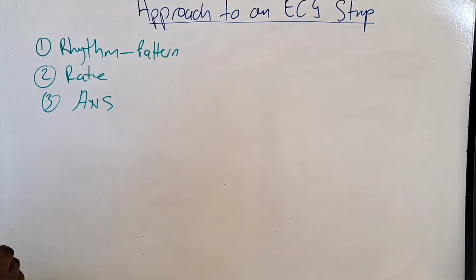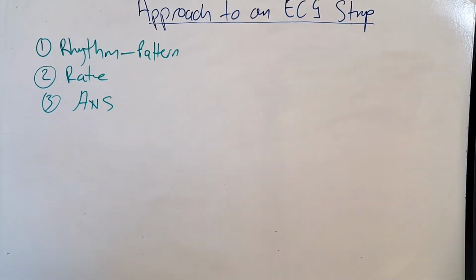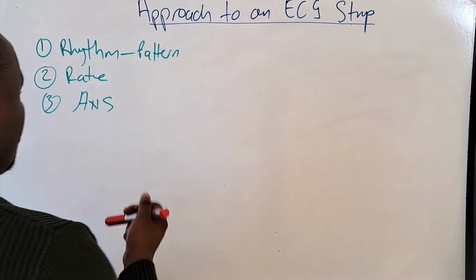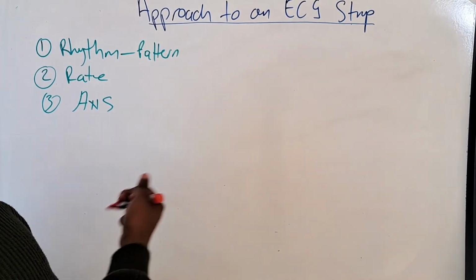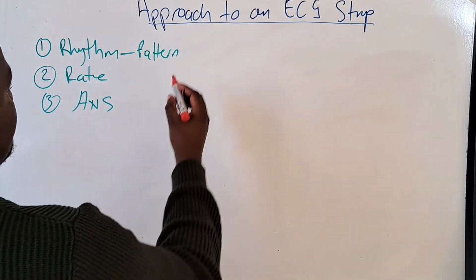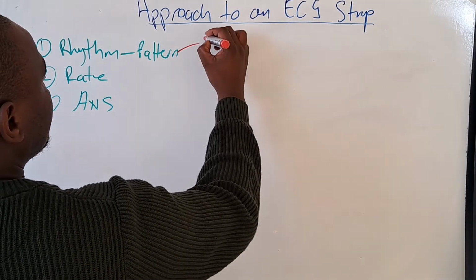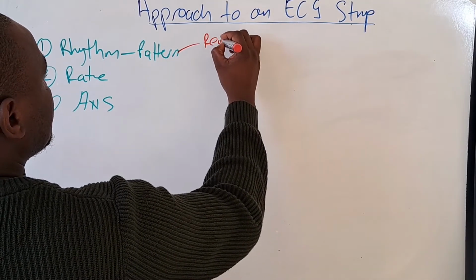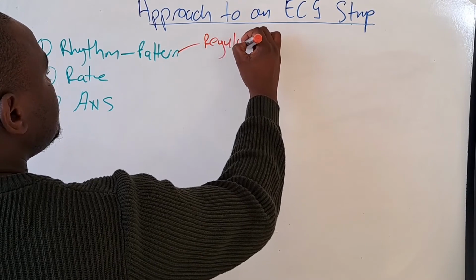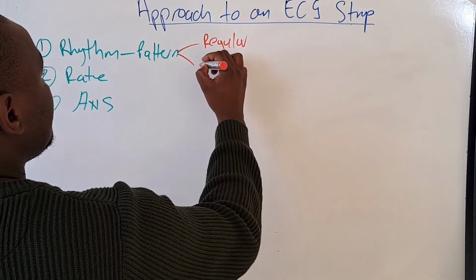You don't want to use a wrong method to calculate your heart rate. You want to use the correct method. What do I mean by that? Right now, when it comes to the pattern, what you want to find out is: are you having a regular heart rate, or an irregular heart rate?